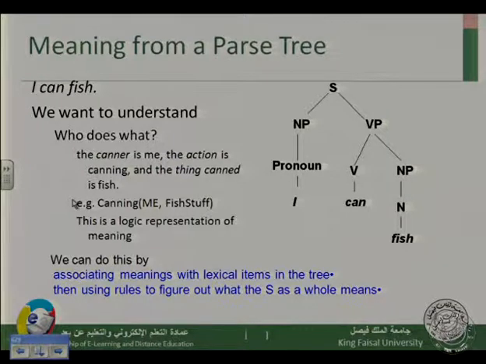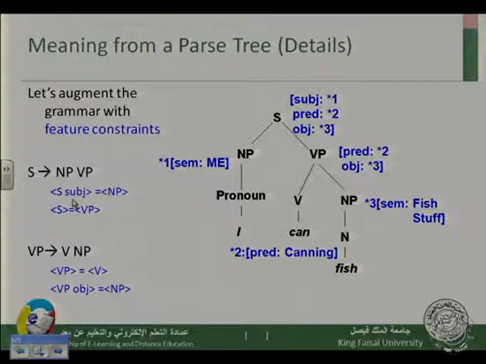So what we can do, as I said, is associate the meaning with the tree so the computer understands what we want to say or what we want to get.